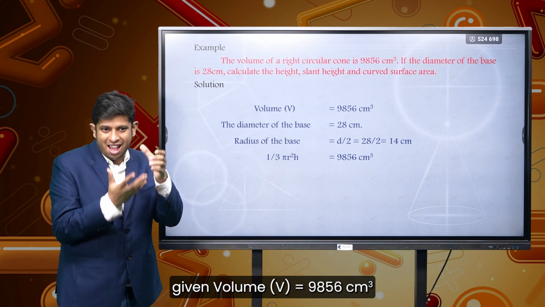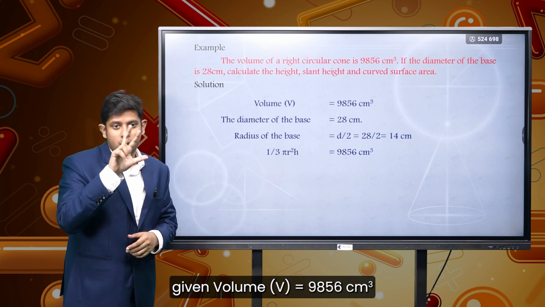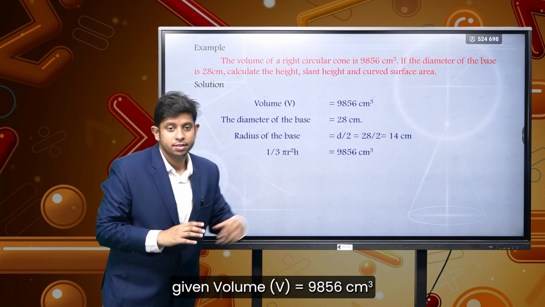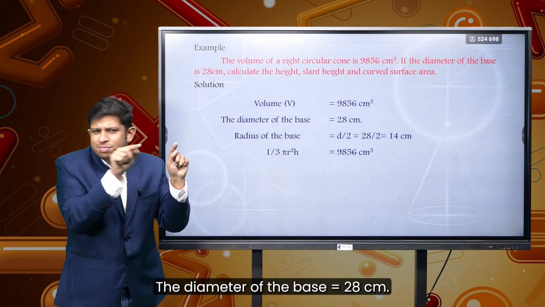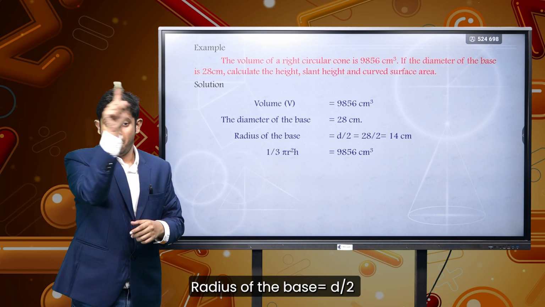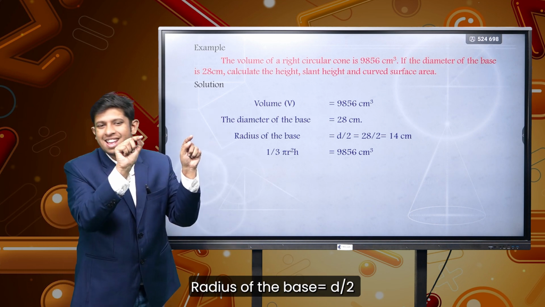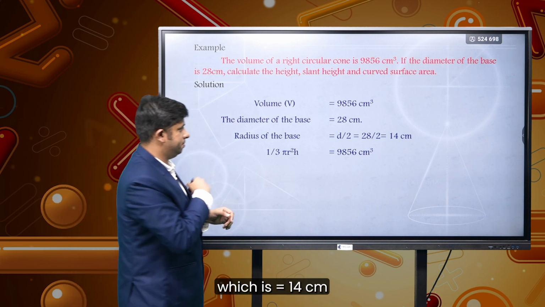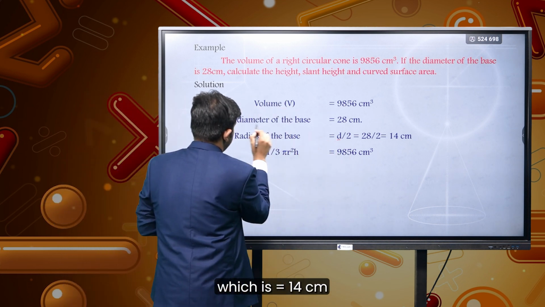Given volume V is equal to 9856 cm3. The diameter of the base is equal to 28 cm. Radius of the base is equal to d by 2. That is 28 by 2, which is equal to 14 cm.